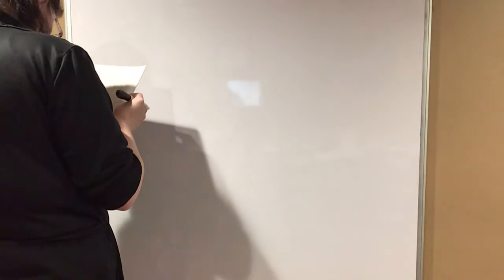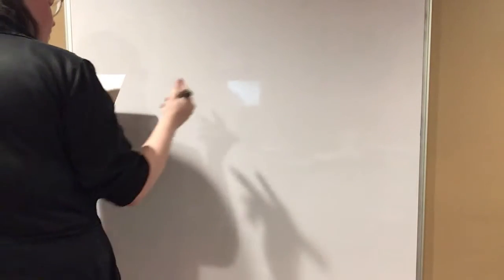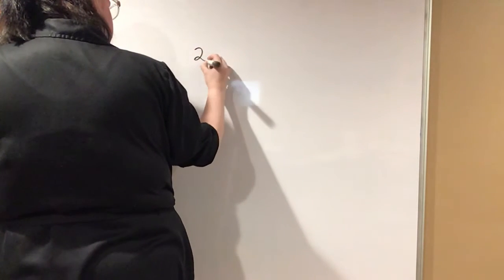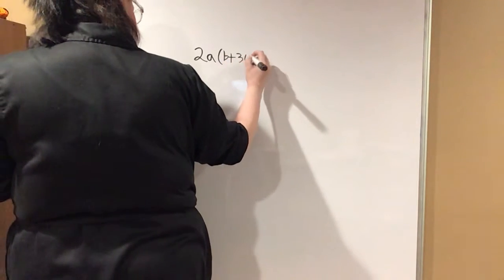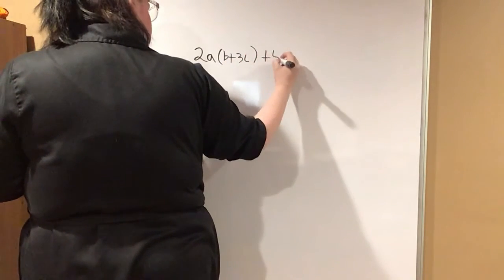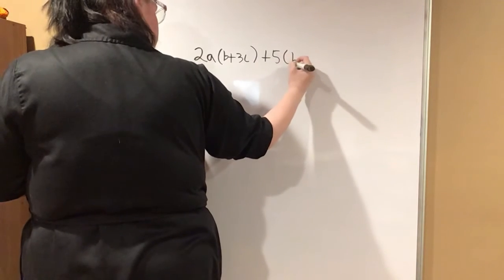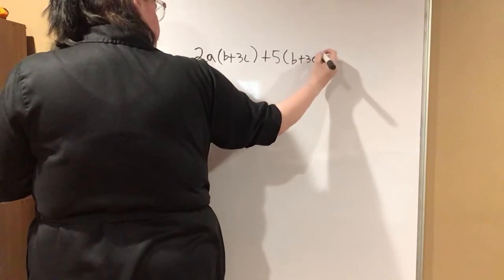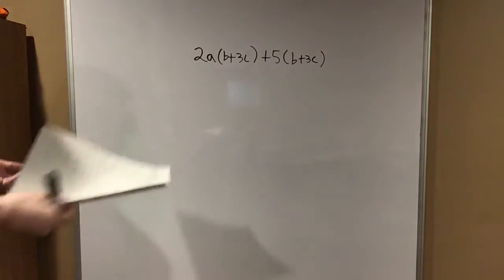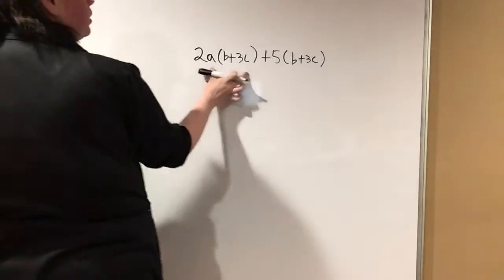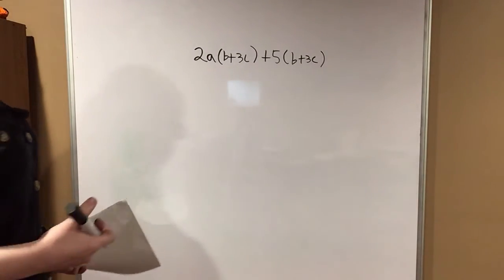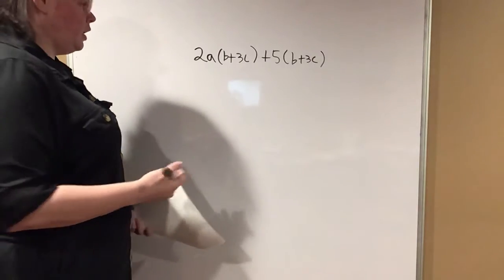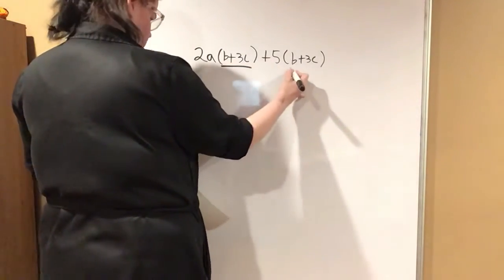So, we're given something like this: 2a times b plus 3c, plus 5 times b plus 3c. This might look a little confusing, but this is one term, this is the other term. What is our greatest common factor? Our greatest common factor is this guy.